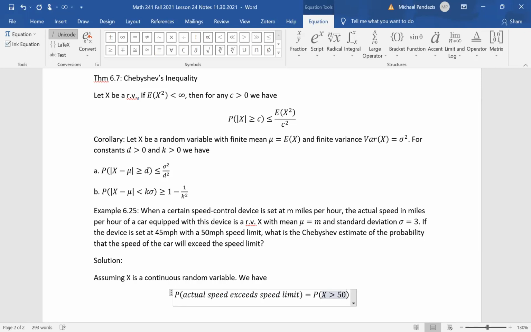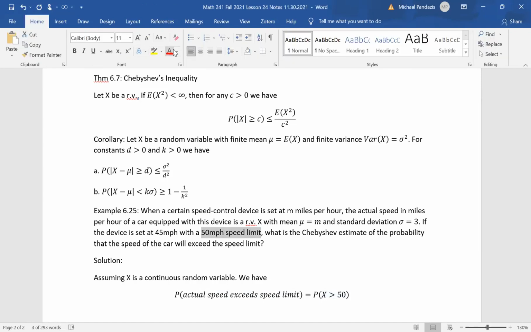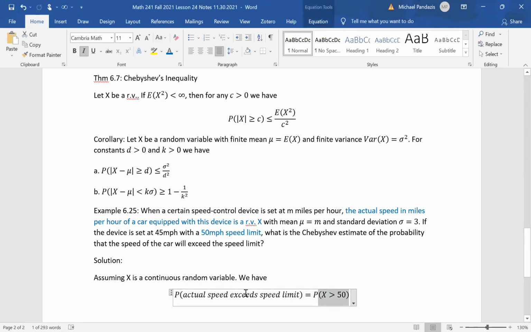Because the speed limit is 50. And the actual speed of the car equipped with this device is a random variable X. So the actual speed is X, and the speed limit is 50. So the probability that the actual speed exceeds the limit is the probability that X is greater than 50.